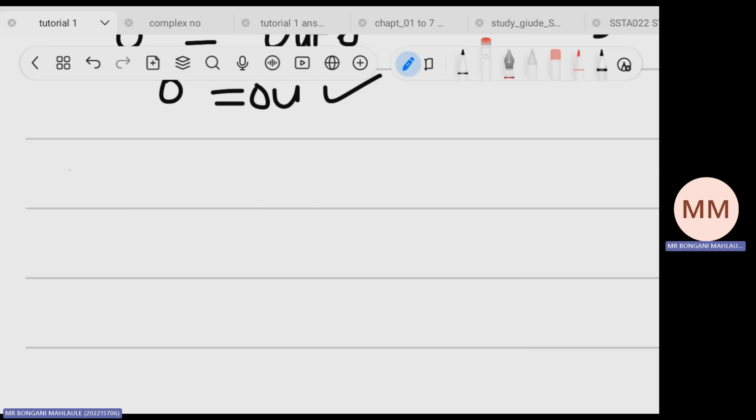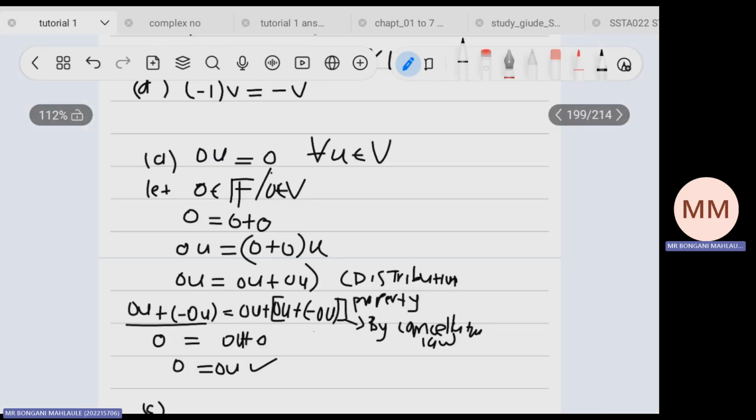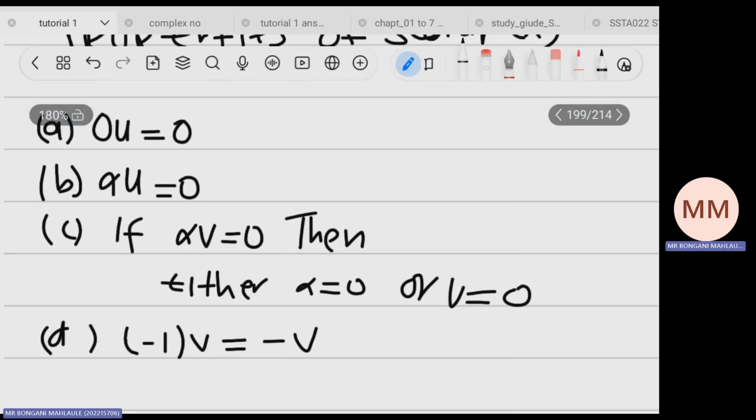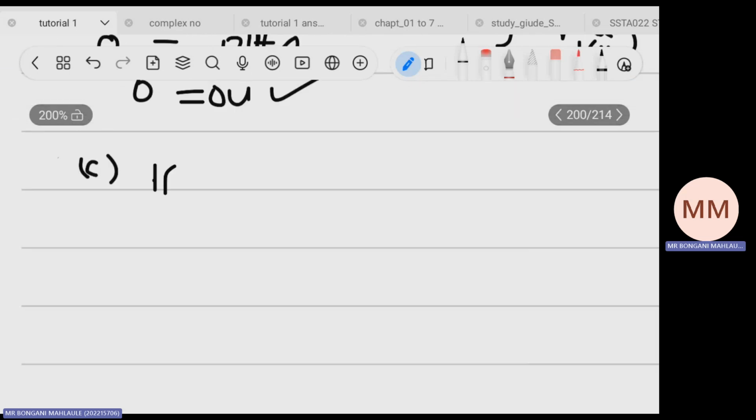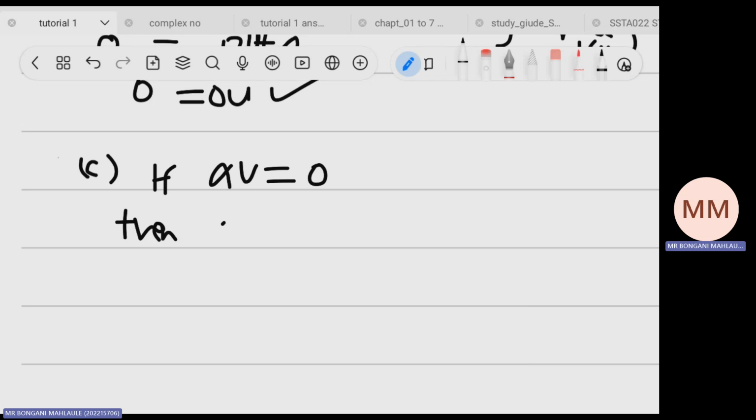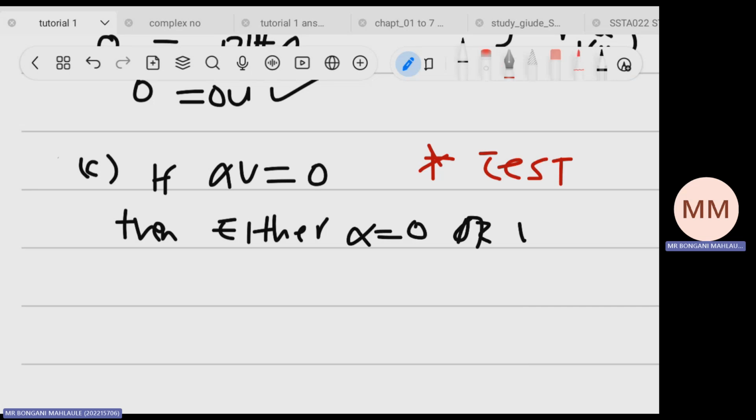Let's start with C. They say if alpha v is 0, then either alpha is 0 or v is 0. This is one they like asking, so take note of it in the test or even the exam. Then either alpha is 0 or v is 0.